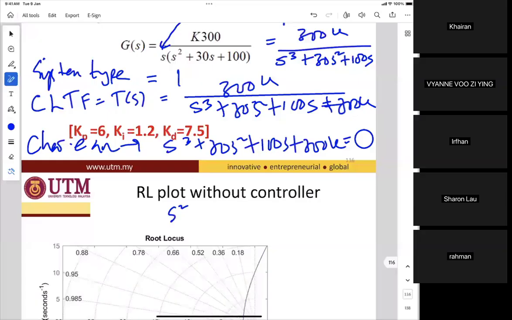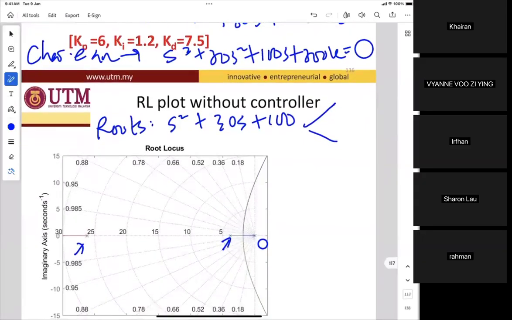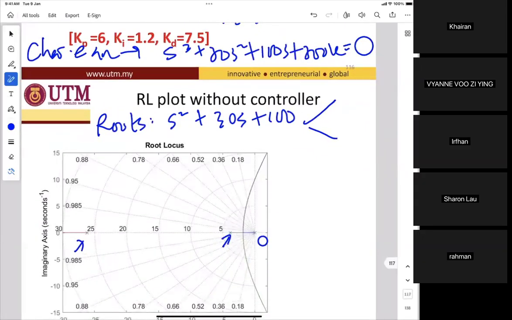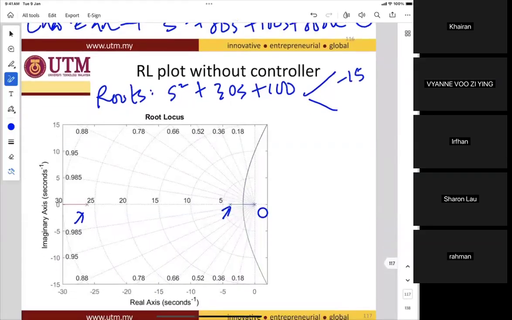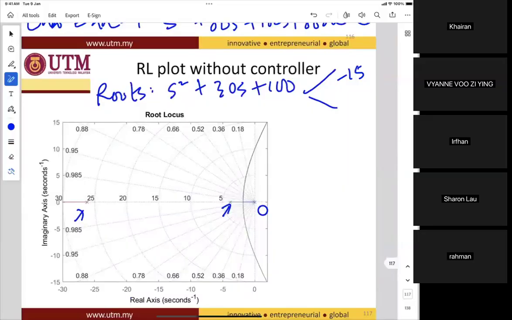Irfan Hakimi, can you find the roots for this using a calculator?